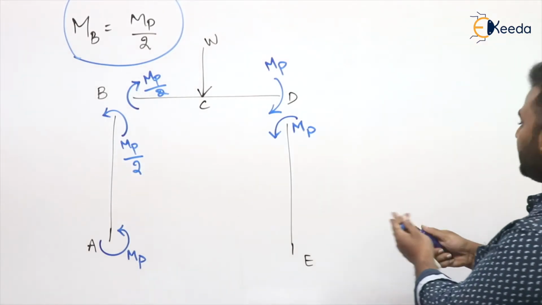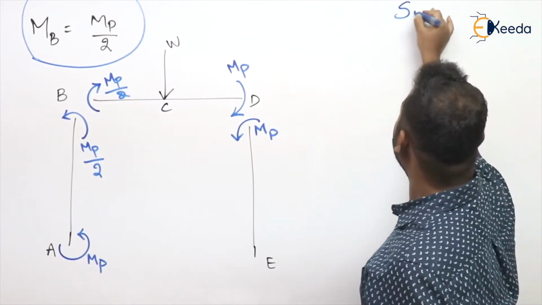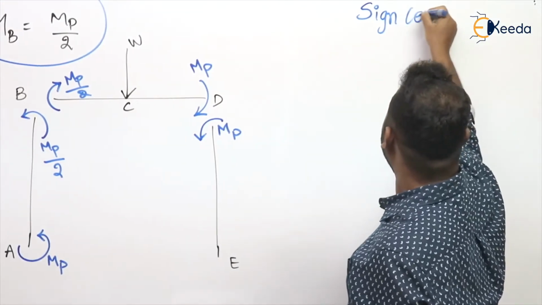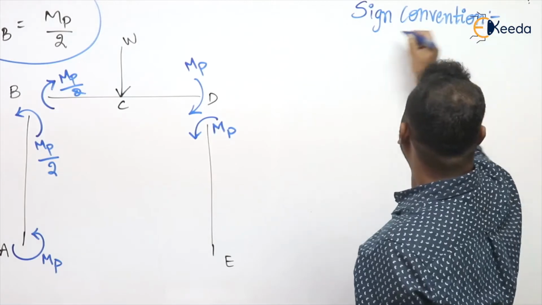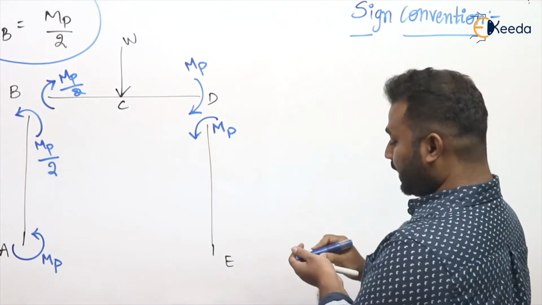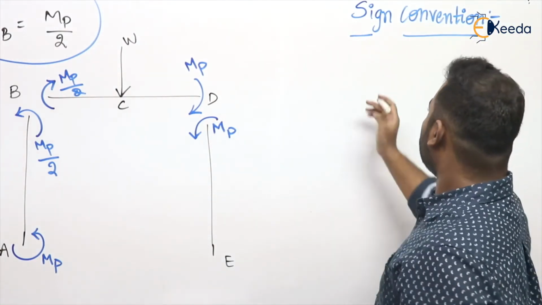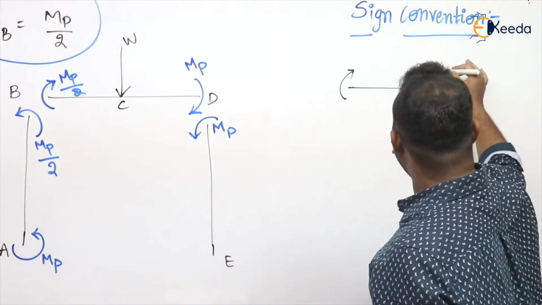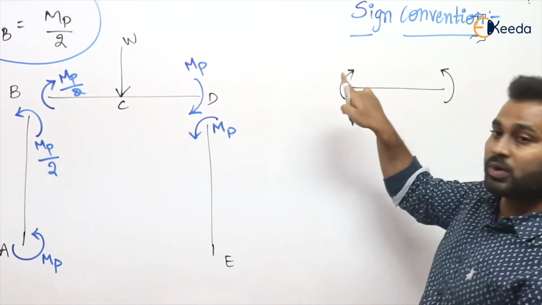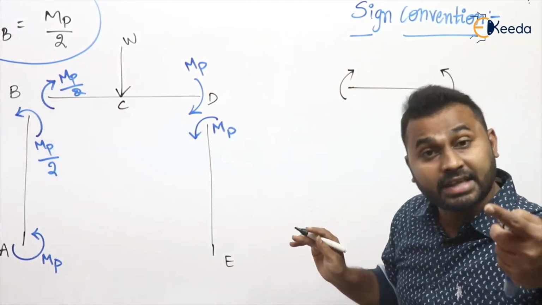Coming to the sign convention of bending moment, everyone of us is familiar. We decide whether the given bending moment is positive or negative based on whether it is sagging or hogging.